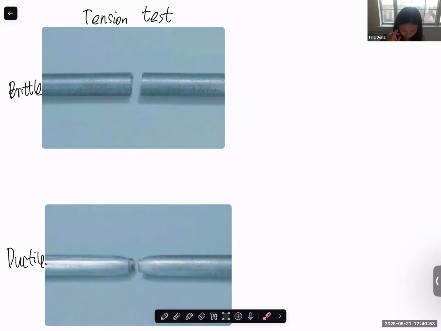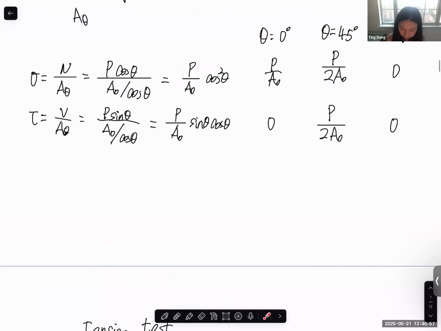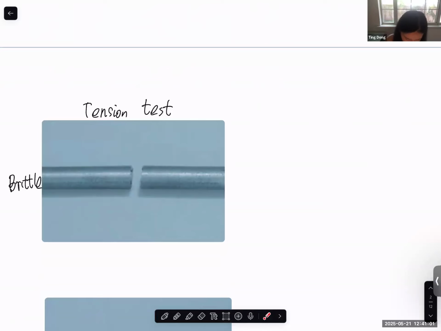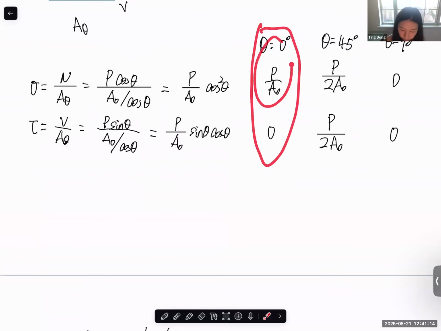And more closely related to what we are talking about here is that you can see the brittle material fails on a plane that is perpendicular to the axial direction, which means that it failed because of this normal stress.